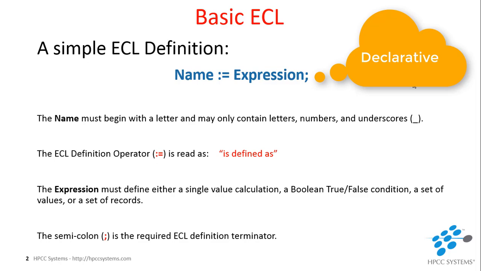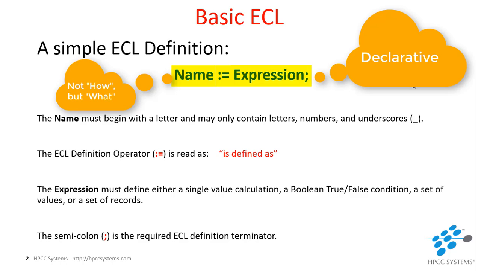David Bayliss, our chief data scientist, says when you're thinking of ECL, don't think of ECL, the language, as how to do something, but what data do you need? So in this slide, the simplest form of an ECL definition starts with a name and what we call the ECL definition operator, and we always read that as "is defined as", and to the right of the definition operator we have any expression.